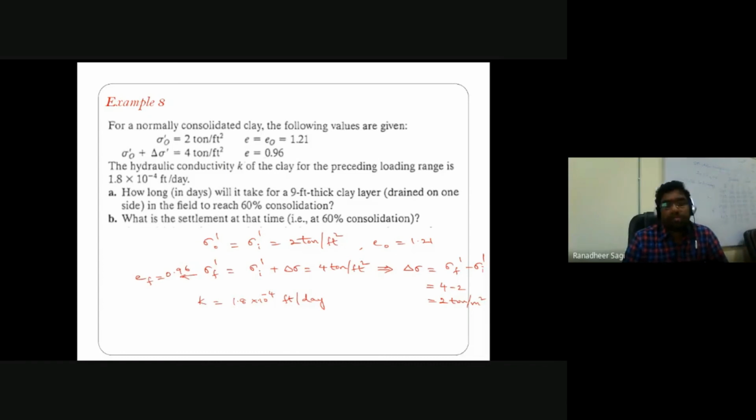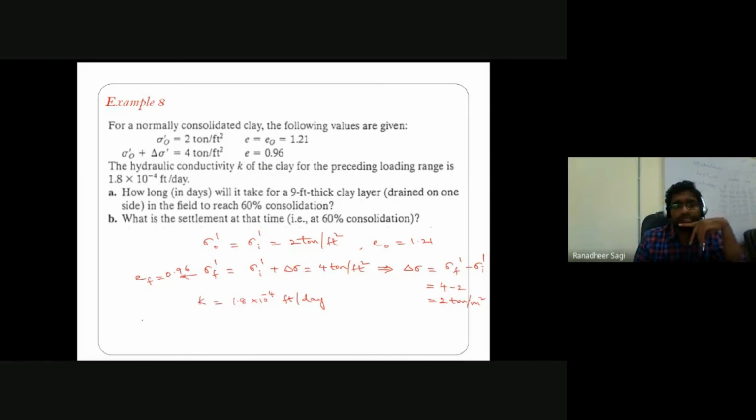So how do we go ahead? If I want to find out the time required to have 60% consolidation in that 9 feet thick clay layer, I'll look at the basic expressions we have learned.